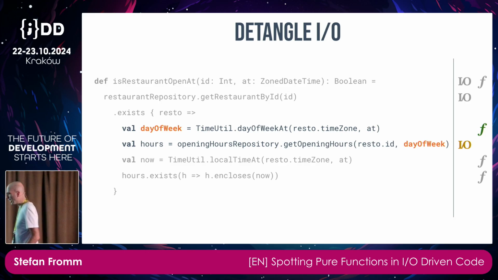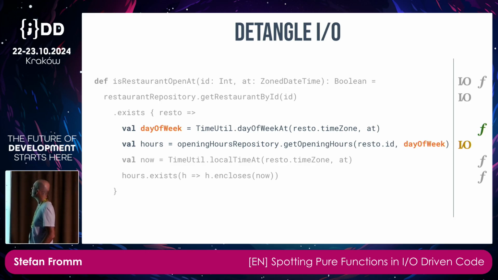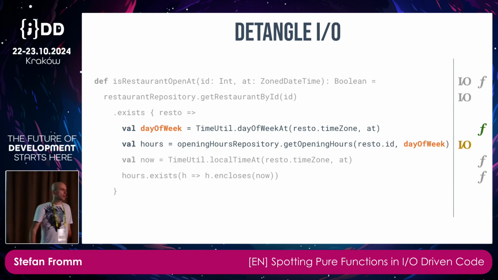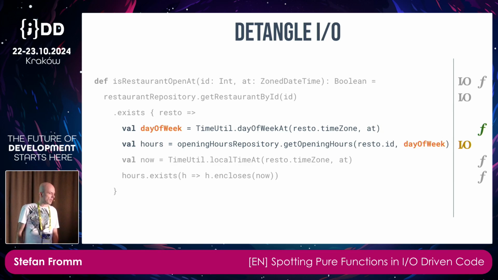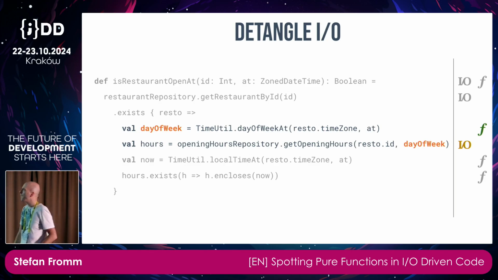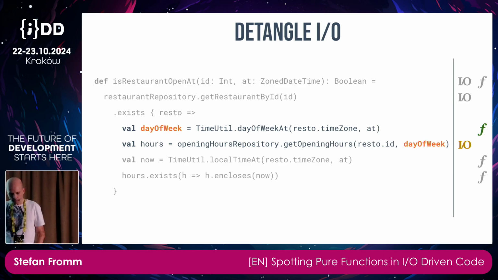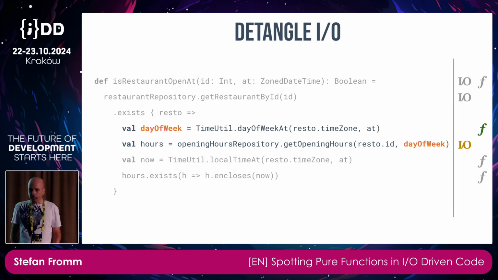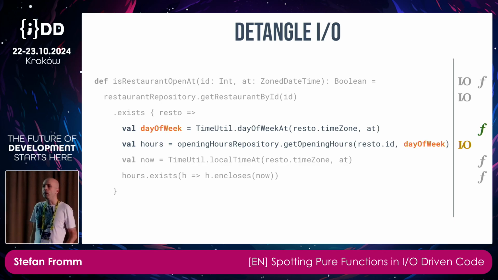And what I want to do next is, I still have somehow a mix of I/O and pure functions. I would like to move the line loading the opening hours a bit to the top, to have the I/O beside each other, and maybe I could gain a bigger block of pure functions. The thing is, we do the filtering of opening hours in the database.